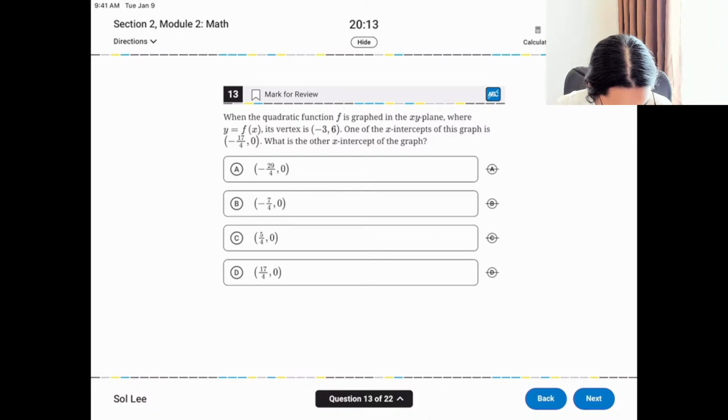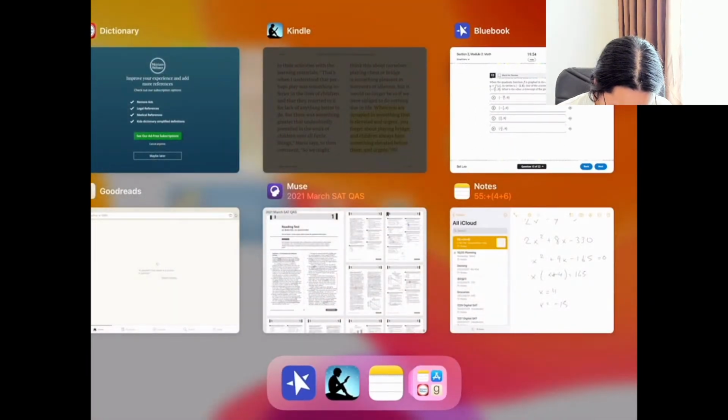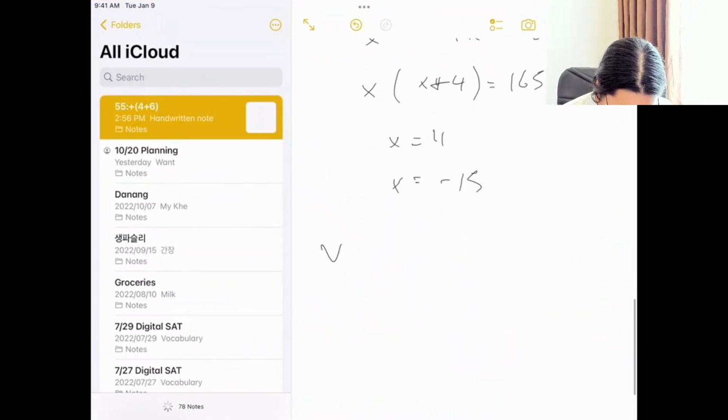What is the other x-intercept? So I just need to factor this thing. But we have a vertex. That's what it's called, a vertex. I forgot about this. And the y-intercept, oh, okay. So the vertex is (-3, 6).